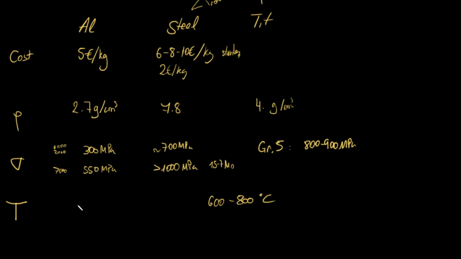Aluminum from 200 to 250. It doesn't melt, but the mechanical properties are going to drop a lot at these temperatures. So hopefully with this quick table you can get an idea of the basic differences.